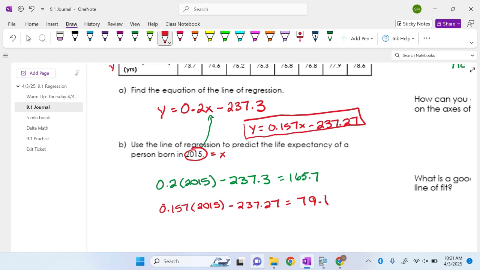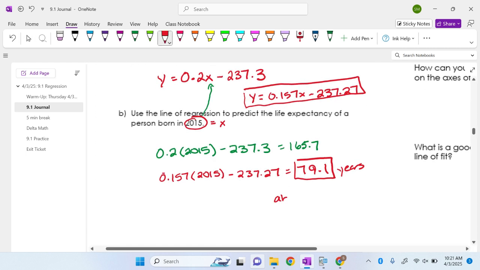Way back in the Old Testament. But now, which answer makes more sense? The 79 or the 165? The 79. So I would say that this would be our better predicted value. So 79.1 years. Yes, ma'am. Yeah, you could say about 79 years.